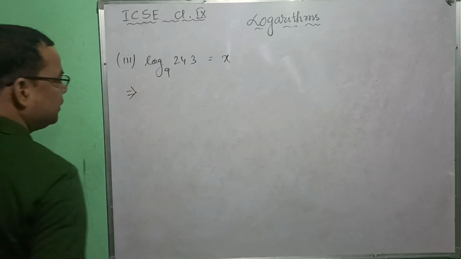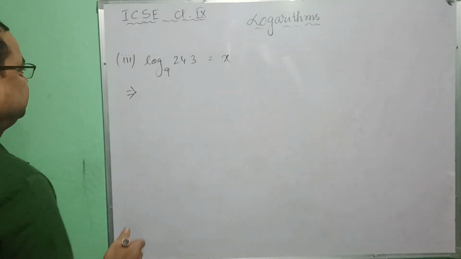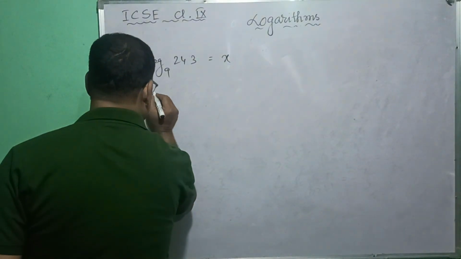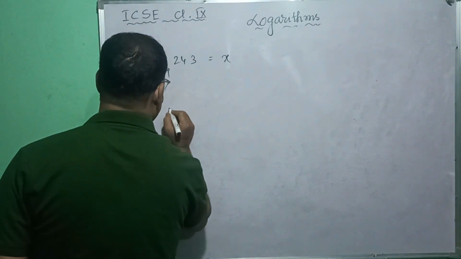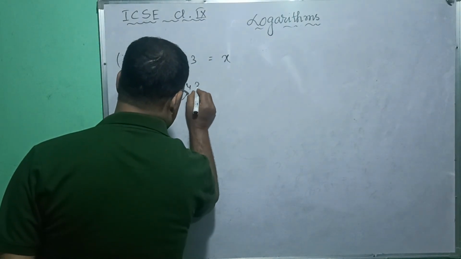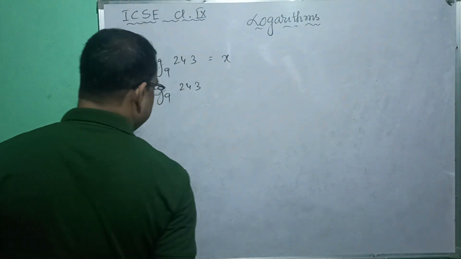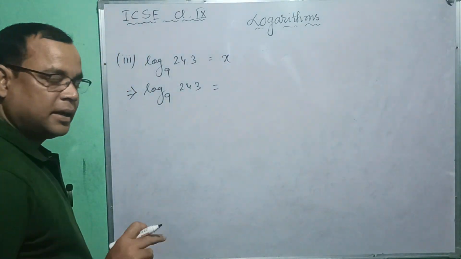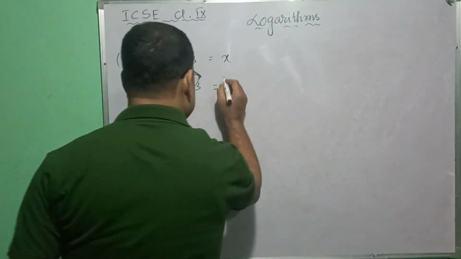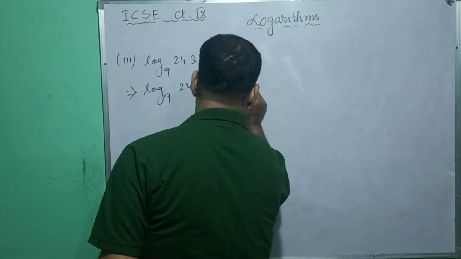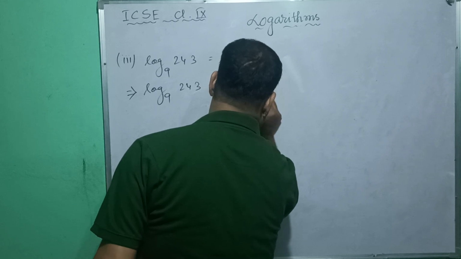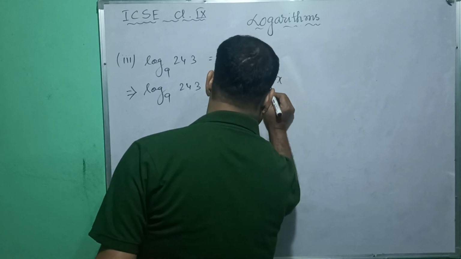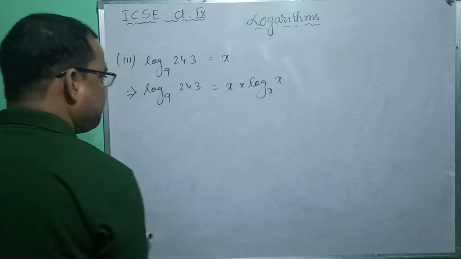So in a similar way, we can write log 243 base 9 equal to x. We can represent x as x into 1, so we can write x into log x base x.